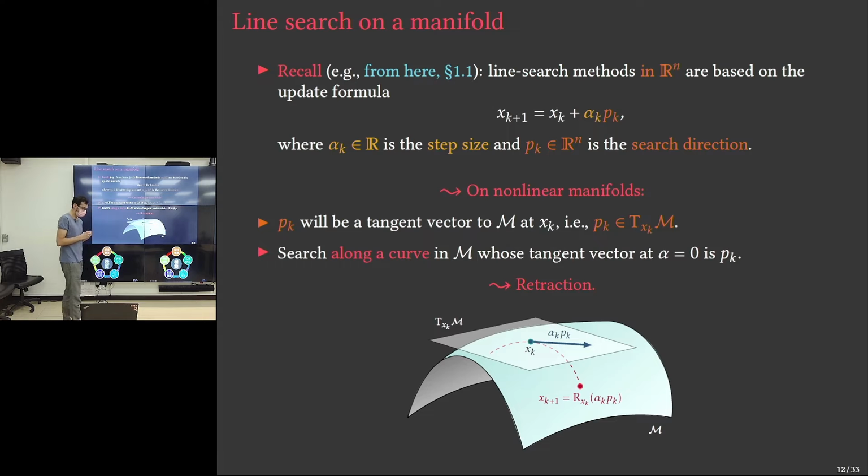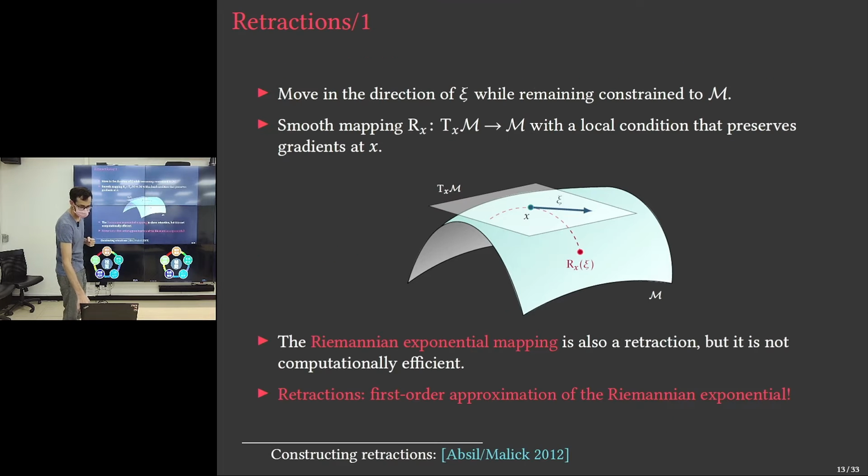So this leads us to the concept of retraction because, I mean, let's say one might ask, okay, which kind of curve? Does it always need to be a geodesic curve, or can it be also something else? Okay, so this leads us to the concept of retraction. So retractions are smooth mappings that allow us to move in the direction of a tangent vector while remaining constrained to the manifold.